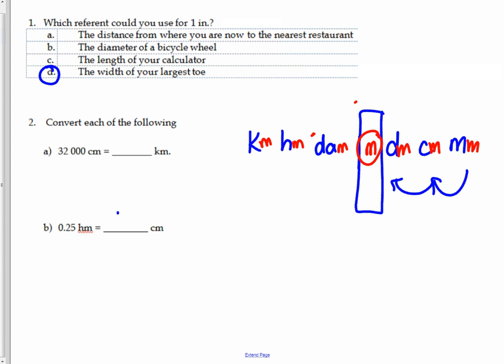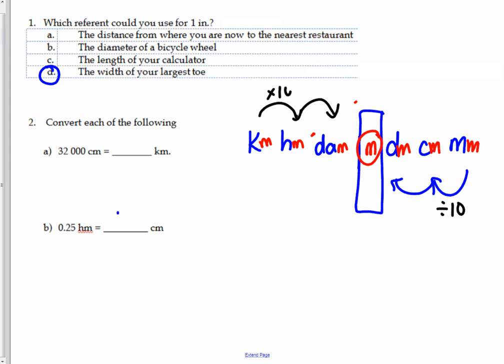If I'm moving my decimal place to the left, so if I move this over to become 0.1 instead of 1, did I divide by 10 or multiply by 10? You're dividing. When we move to the left, we divide by 10 for each spot. When we move to the right, we multiply by 10 for each spot.